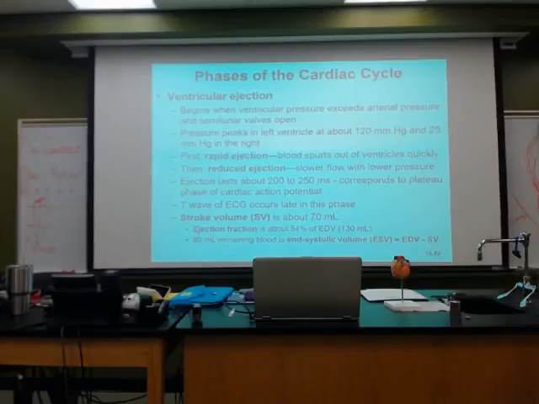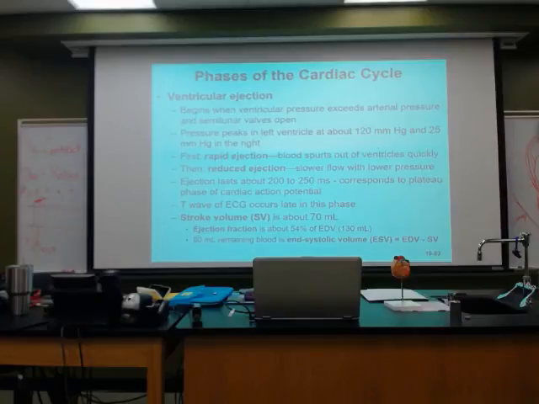Now, see how we've got this end diastolic volume, stroke volume, end systolic volume, all of it being volumes. This is the normal amount of blood that should be in the heart at a particular time.